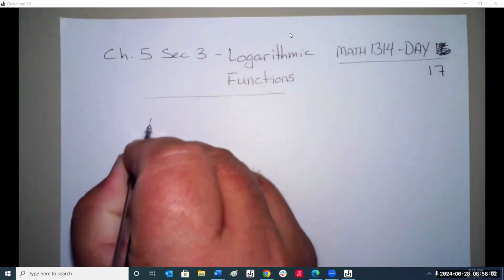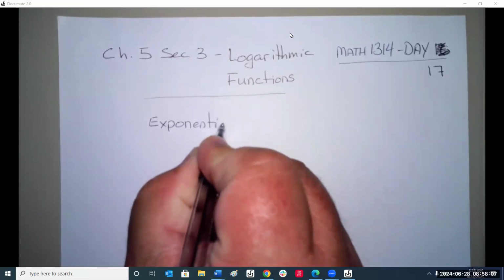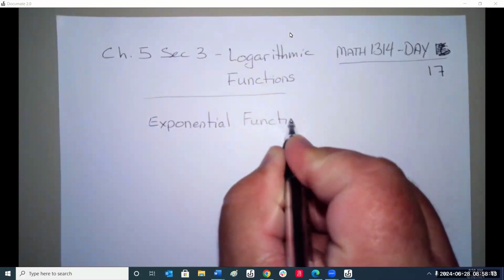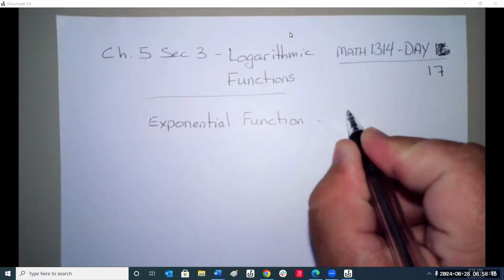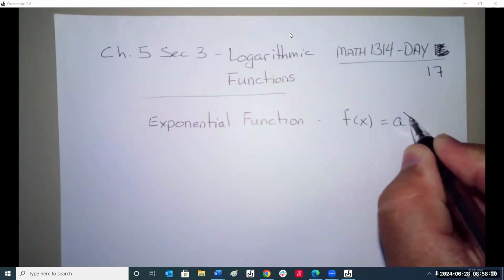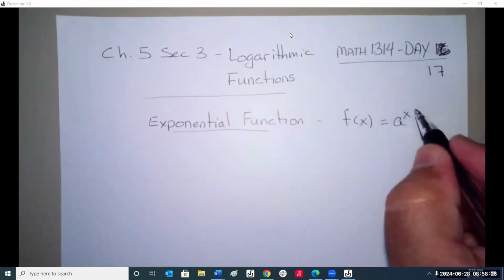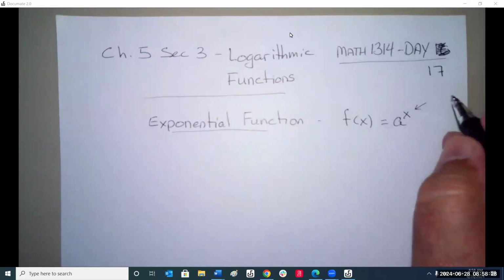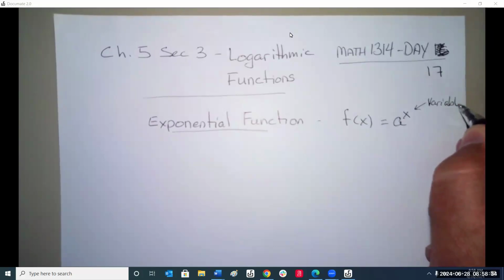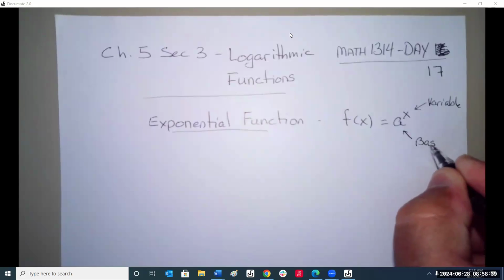We said an exponential function looks like this, where the exponent is the variable and the base is some constant.